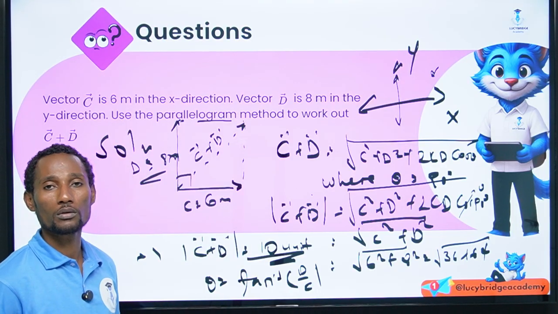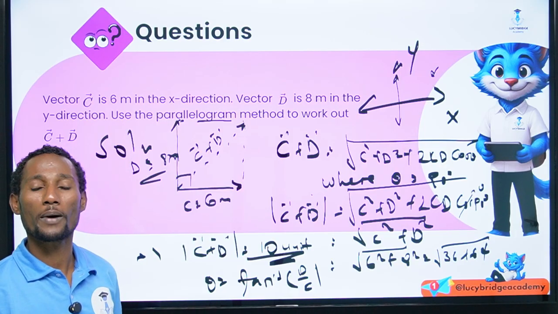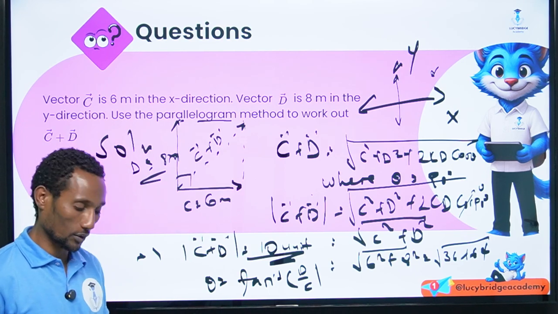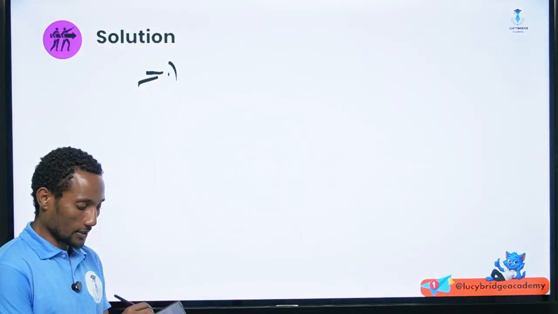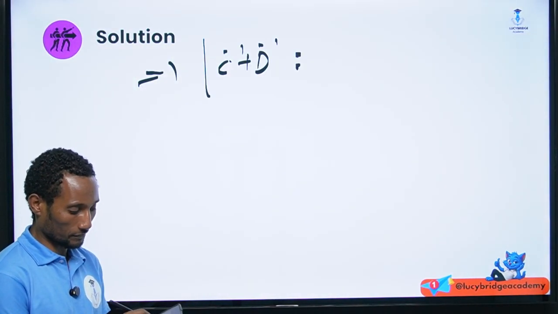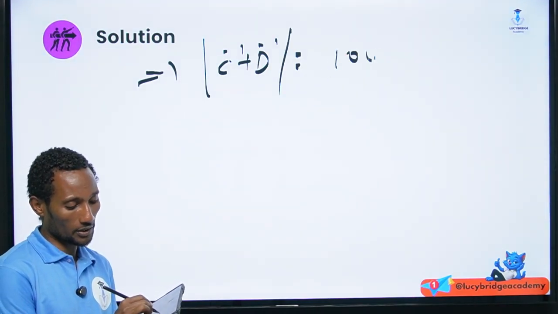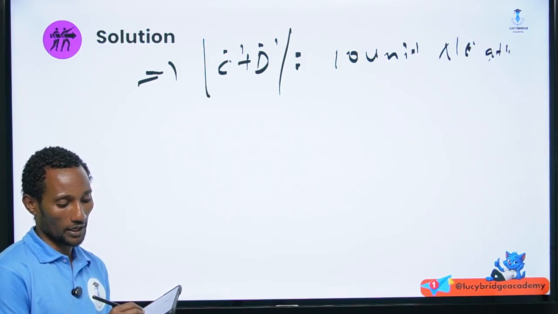This is the basic thing regarding the parallelogram law. So the magnitude of C plus D is 10 units in the direction of northeast at 45 degrees.